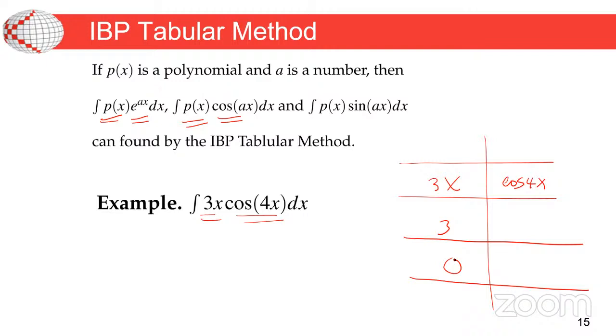Now for the second column, we need to integrate the second factor. So we need to start with integrating. This one here should be the integral of quotient 4x. Now here, can you evaluate this? How do you do it?